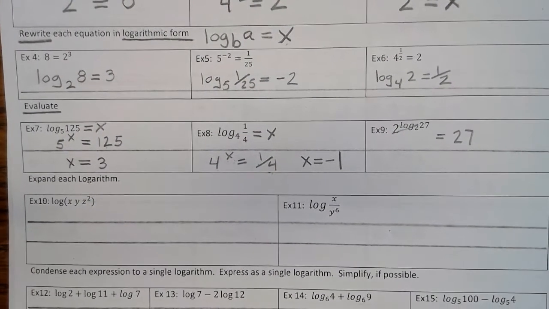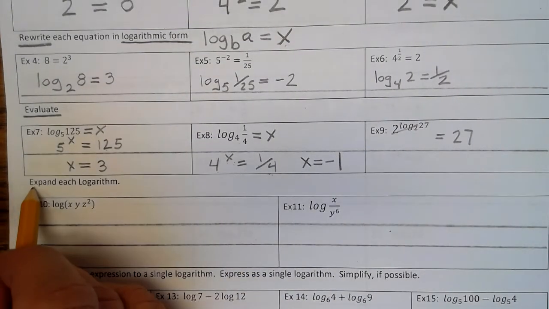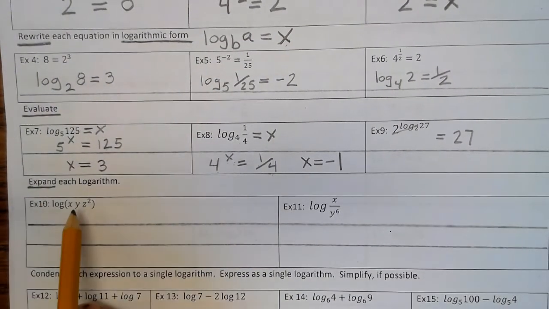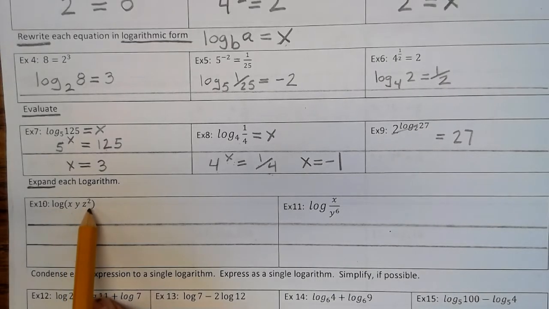All right, example 10. So now we're going to expand. Okay, so we're multiplying. So we know we're adding, but then we also have the raised to the power here.